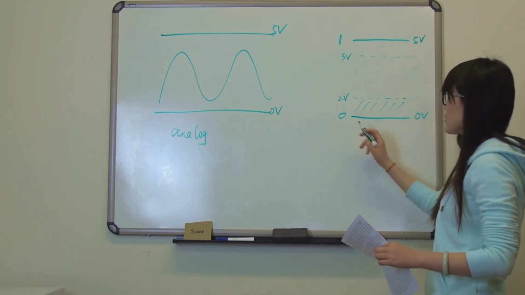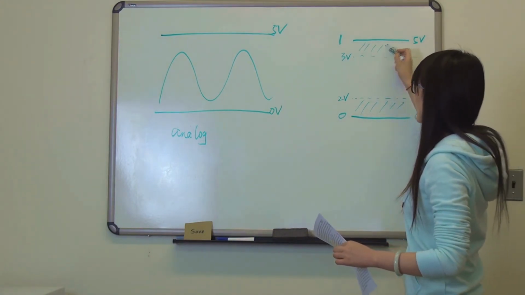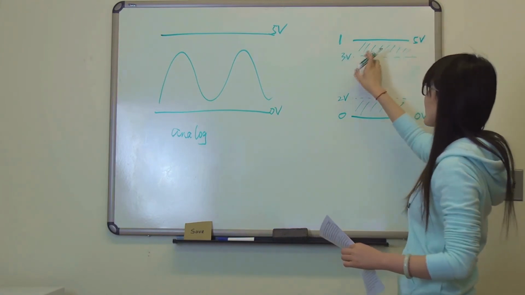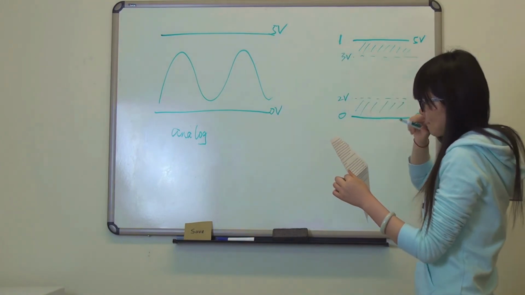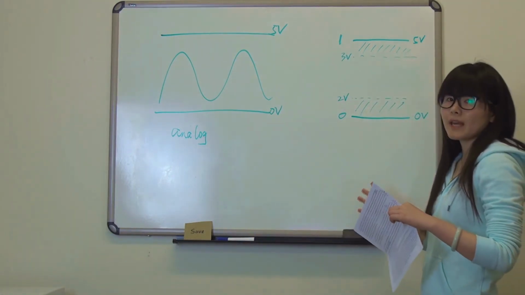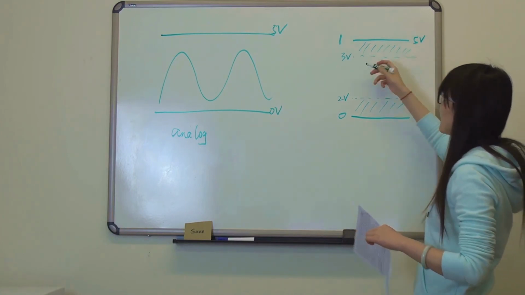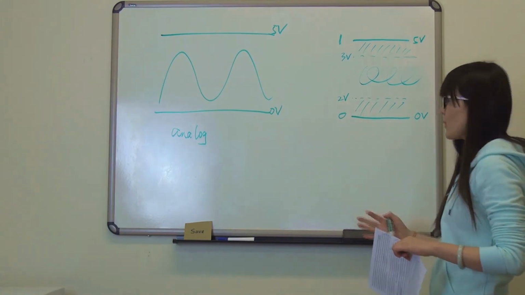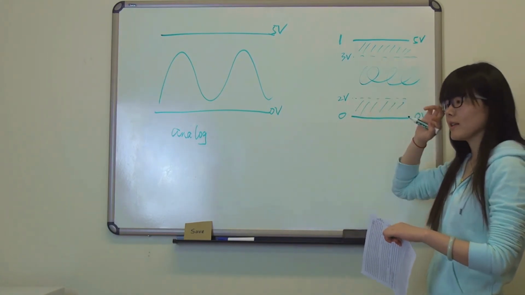it will be interpreted as 0. And if the voltage is between 3 volts and 5 volts, it will be interpreted as logic 1. But if we get some value between these two thresholds, in this area, what will the digital value be? We call this area the dead area.